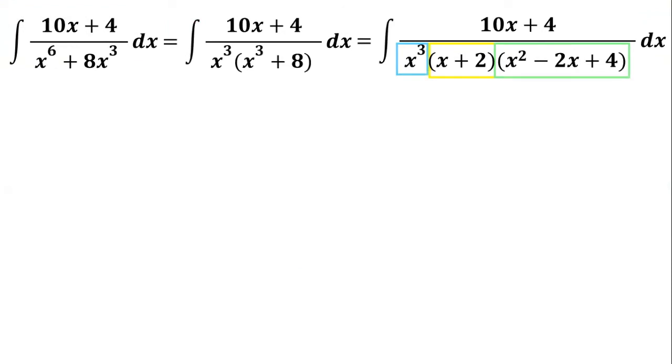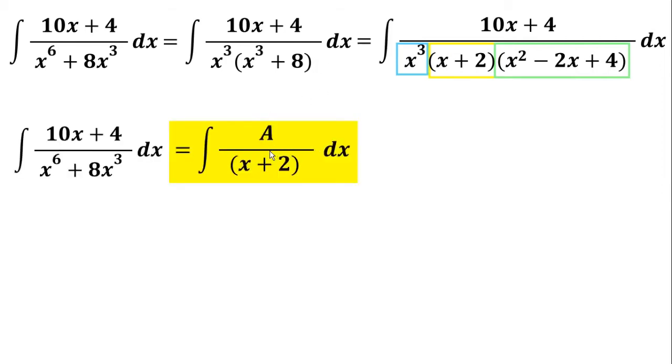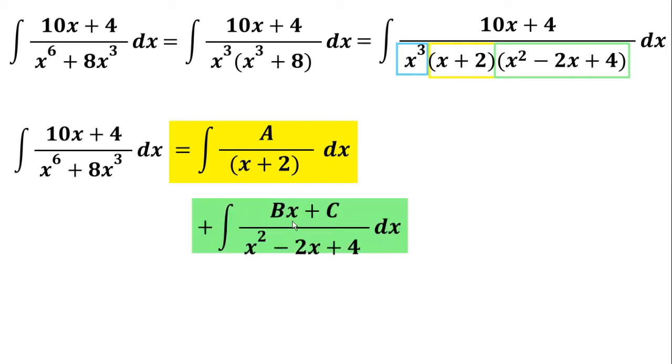So we can split this integral into small simple integrals. Integral number 1 comes from case 1: we have A over (x + 2). Integral number 2 comes from case 2, which is the integral of (Bx + C) over the denominator.